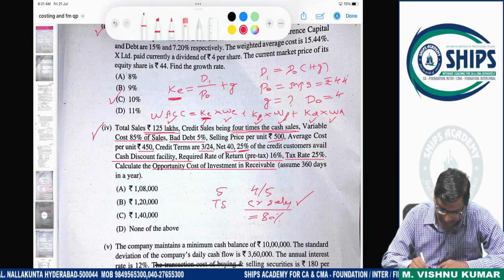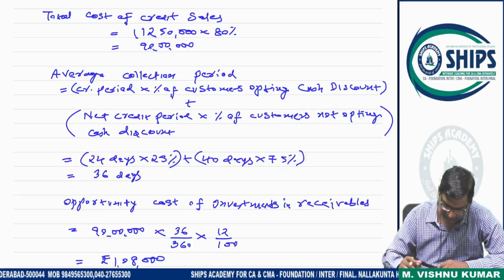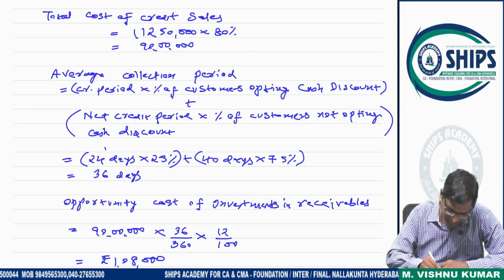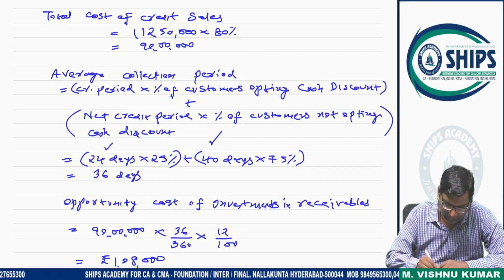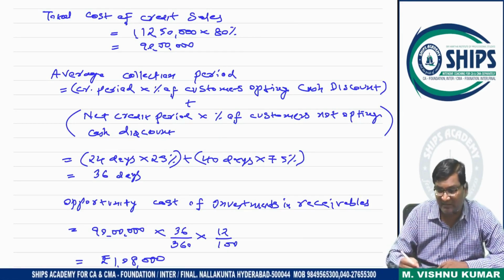Total 40 days time is given, but they will pay in 24 days. So the remaining customers will pay in 40 days. So 24 days into 25%, 40 days into 75%.